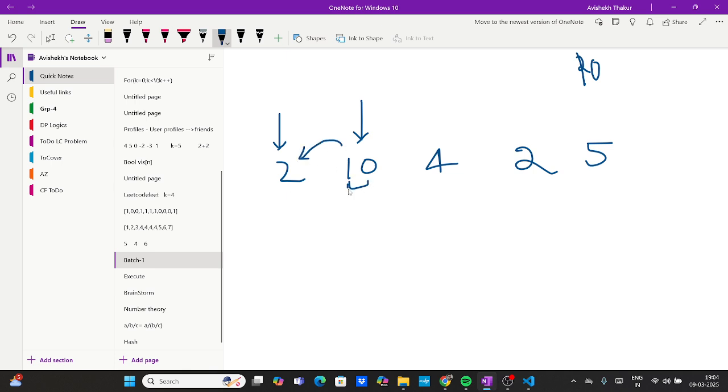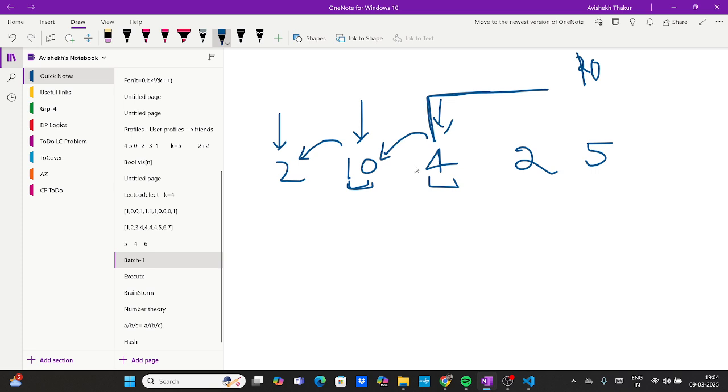So are we good here? At this position, are we good? Yes. When we are at this position, are we good? No. So I have to definitely start a subarray from here for sure. One of the subarrays should start from here, correct?